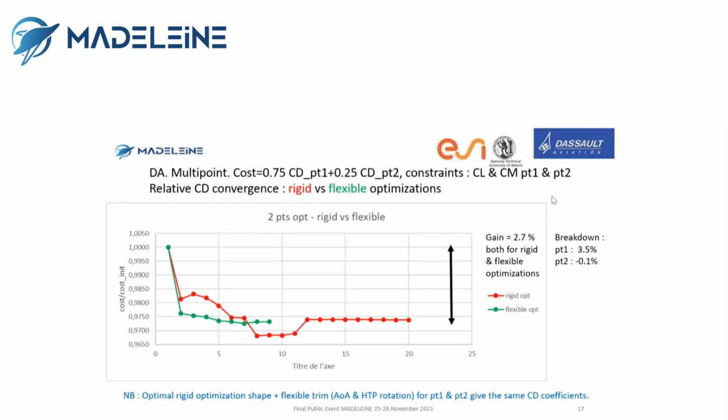It's not two different shapes that gave exactly the same drag. No, it was exactly the same parameters, in fact. It was not the same shape if you take into account flexible effect, but if you orthogonalize the 2 points, it's exactly the same thing.